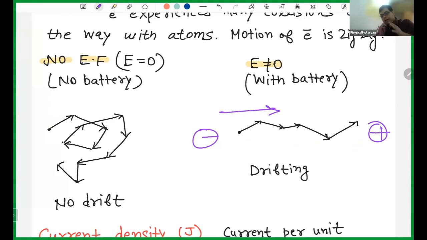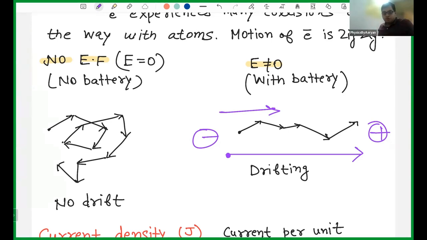But now overall they have some drift in one direction. That is the difference between moving and drifting. If I say they are moving from one position to another, you assume the electron starts from here and goes in this direction in a straight line. But drifting means they are colliding, yet the overall motion is that they are actually able to move from one position to another.